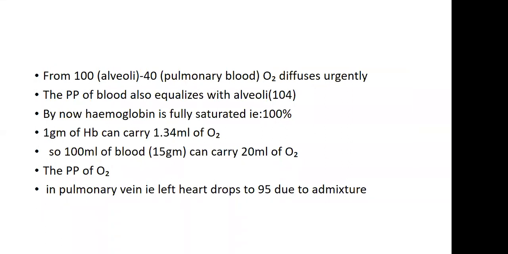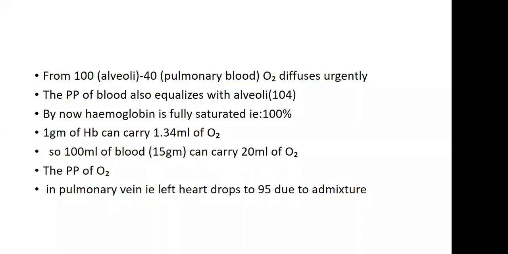Now, from 100 pressure in the alveoli to 40, which is pressure in the pulmonary blood, oxygen diffuses urgently and fills up the last available portion in the hemoglobin as well. The partial pressure of blood also equalizes with the alveoli, and both are now at equilibrium for partial pressure, so no further diffusion.